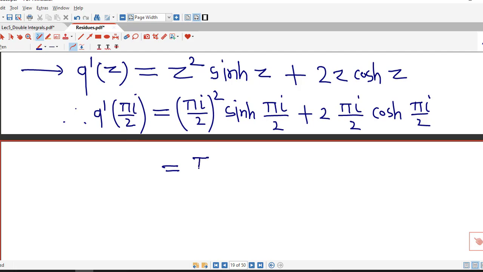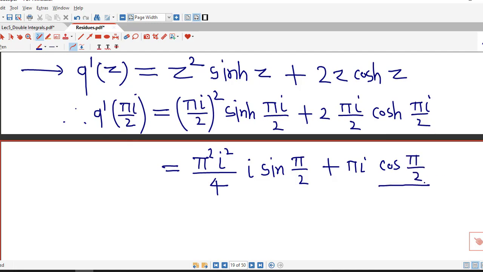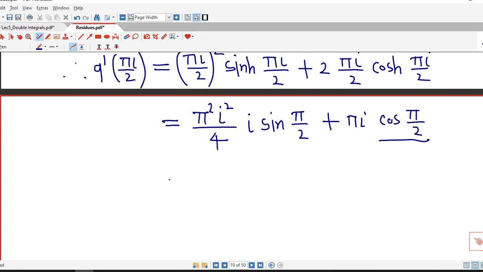Now this is nothing but pi square i square divided by 4, and as we have discussed, sine hyperbolic pi i by 2 equals i sine pi by 2. Here the 2 will cancel out, and cos hyperbolic pi i by 2 equals cos pi by 2, but cos pi by 2 is 0, so that term is going to be 0. Here i square is minus 1, and we have pi square i divided by 4, because sine pi by 2 is 1.